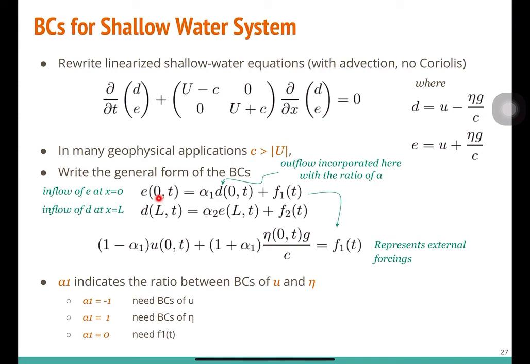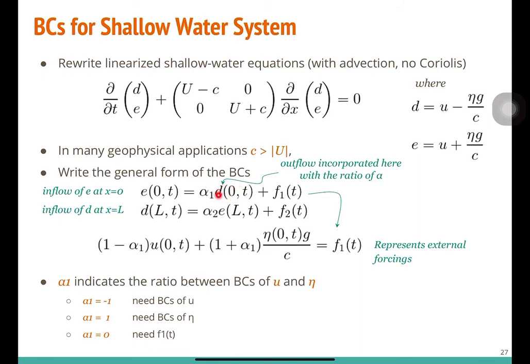at x equals 0, right? And then the inflow of D is from the right boundary, so we need to specify the boundary condition for D at x equals L. And they could also be represented by the outflow, because D is inflowing on the right hand side and outflowing on the left hand side.